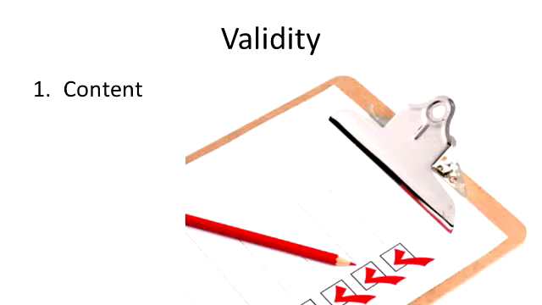Now let's talk about validity for a minute. Validity also comes in 3 kinds. The first kind, and the kind that you're going to deal with the most, is called content validity. Content validity simply means that your assessment tool measures the objectives you set out to measure.